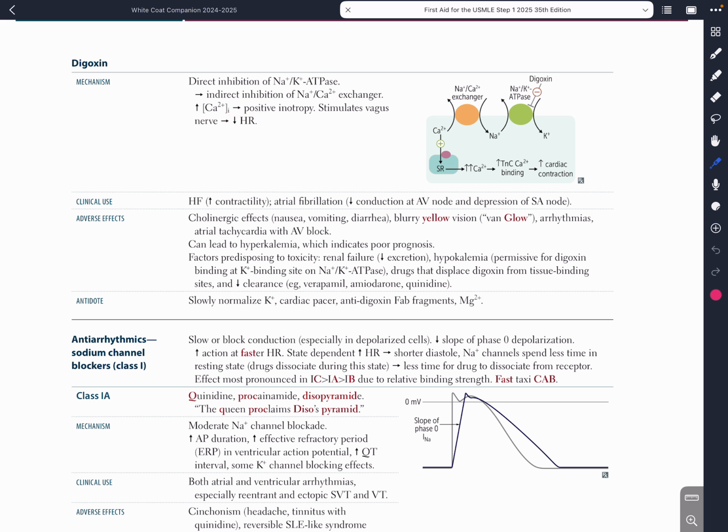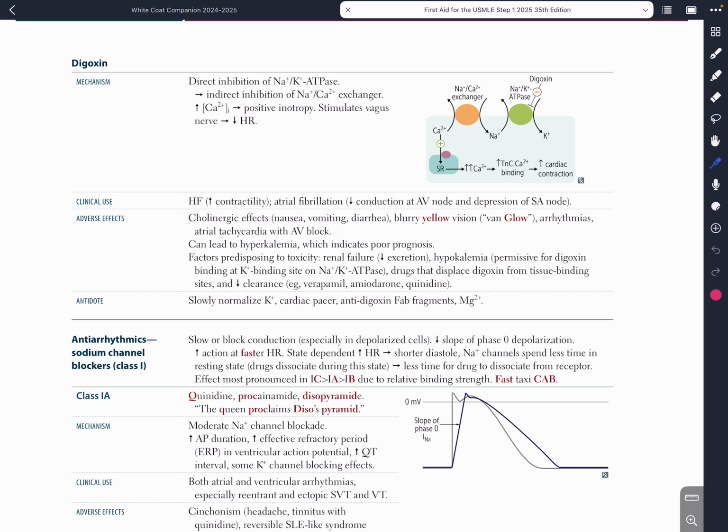So digoxin mechanism of action is very high yield for Step 1, 2, 3.